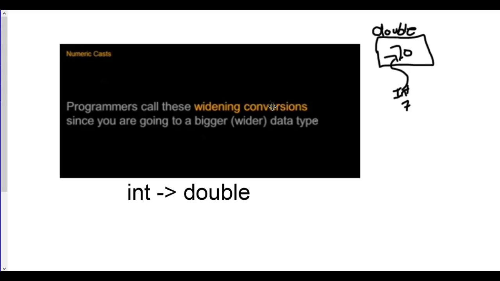Narrowing conversions, when you're putting something bigger into a smaller box, are not done automatically. Something has to prompt that to happen. So an int into a double, that's fine. Take this little int, stick it in the double box, but we know we get the 0.0 because it's now a double. It officially becomes a double.